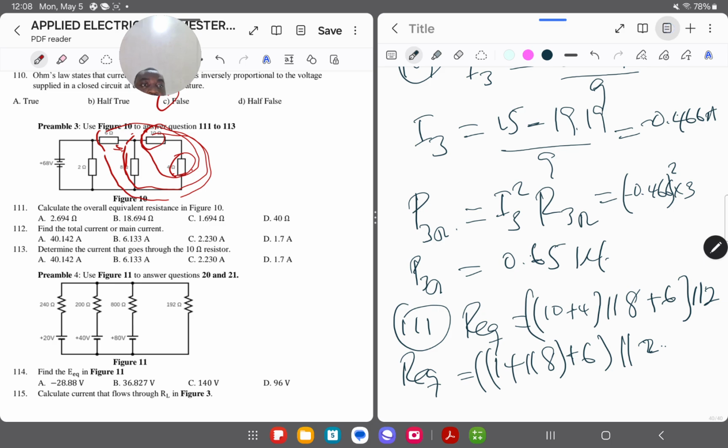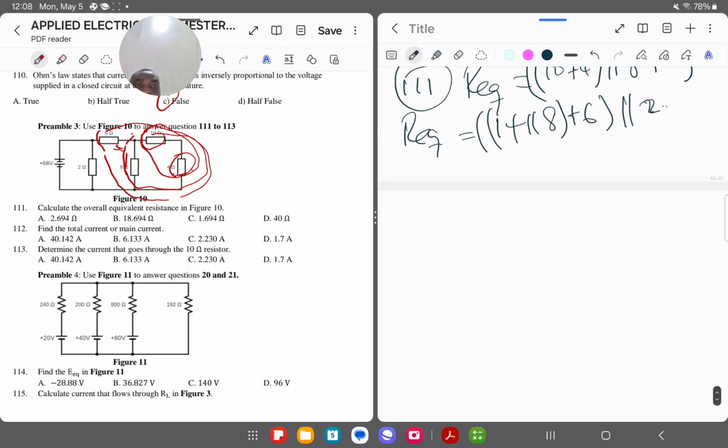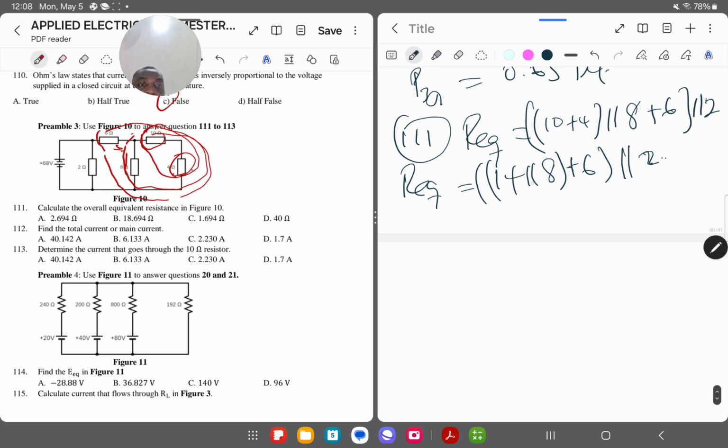Now we do the next operation. Now we have 14 in parallel with 8, so that is just going to be the product over the sum: 14 times 8 over 14 plus 8.